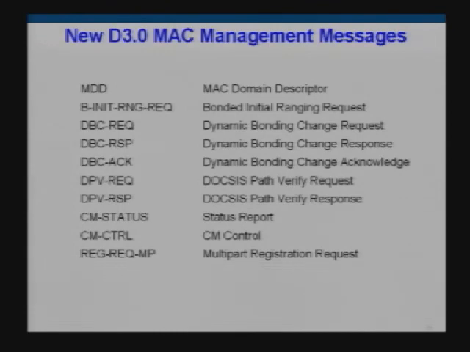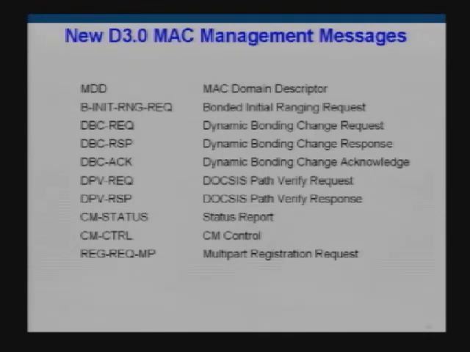We will look at the details of the MDD later on. And bonded initial ranging request, when the modem initializes for the first time when it is coming up. With DOCSIS 2 and prior versions it was ranging request or initial ranging request, but bonded initial ranging request is based upon whether it is part of a fiber node which supports channel bonding.